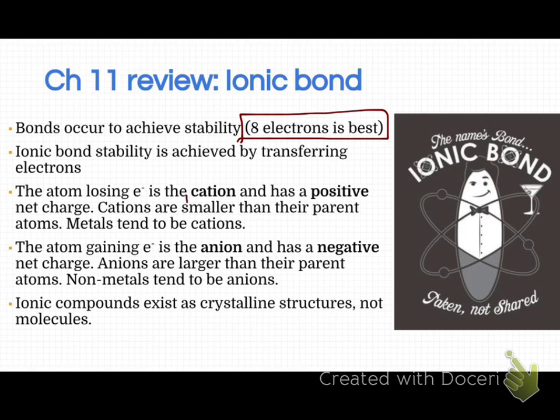So we have some terminology to know. The word cation means something with a positive charge. So that means it's an atom where you have lost electrons, leaving more protons behind.